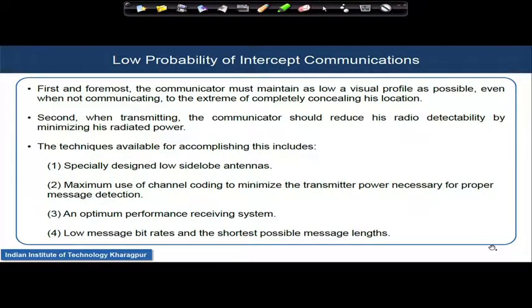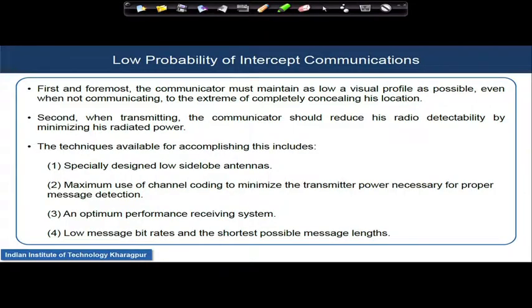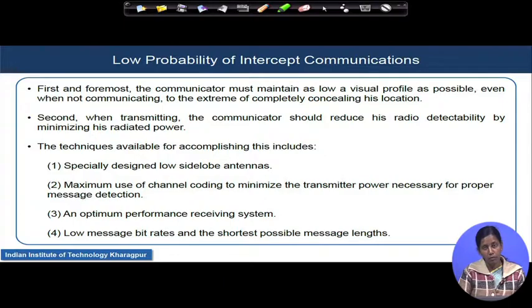First and foremost, the communication side. When the original communicator is communicating with its receiver, he has some responsibility to maintain as low a visual profile as possible, even when he is not communicating with the receiver, to make the whole system a low probability of intercept communications link.